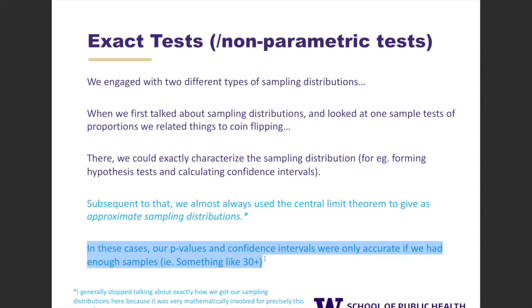So again, this is the split between exact sampling distributions, which we have rarely looked at, only at the very beginning of this class, and these approximate sampling distributions that we let R deal with under the hood.